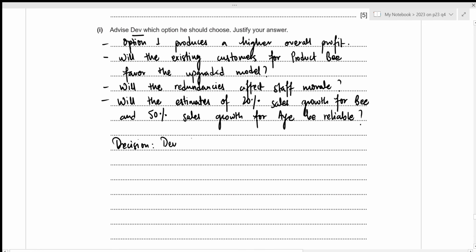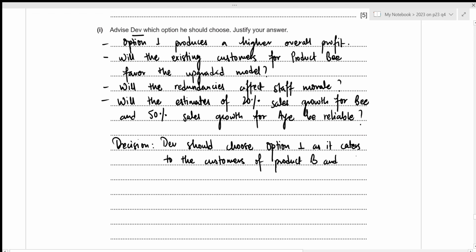They should choose option 1 as it caters to the customers of product B and helps in maintaining a varied product portfolio.